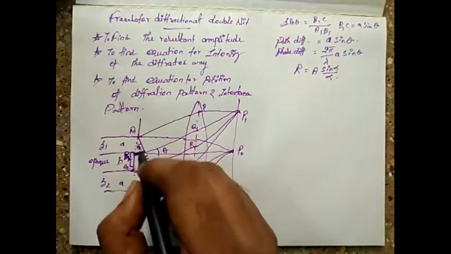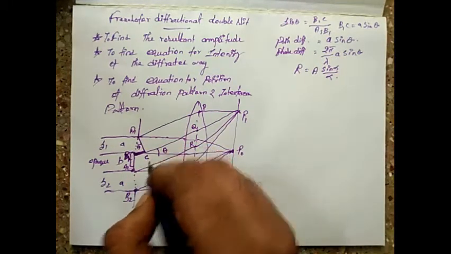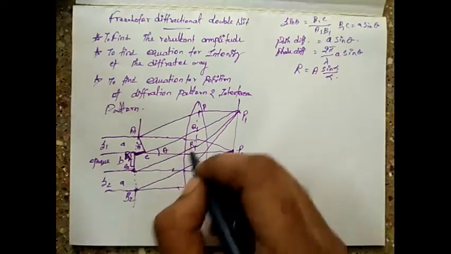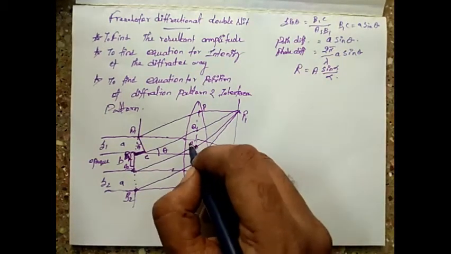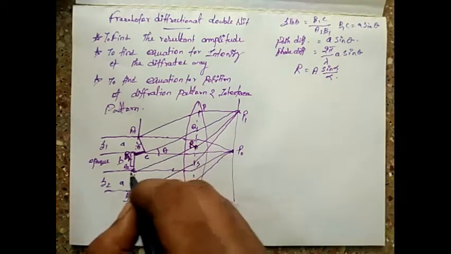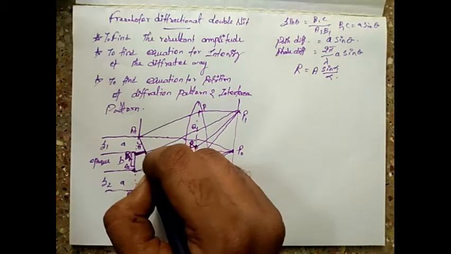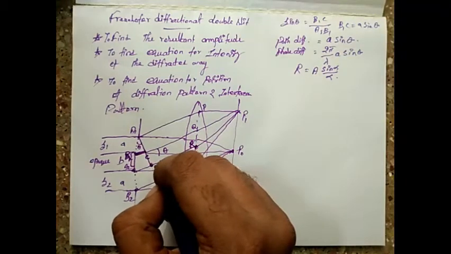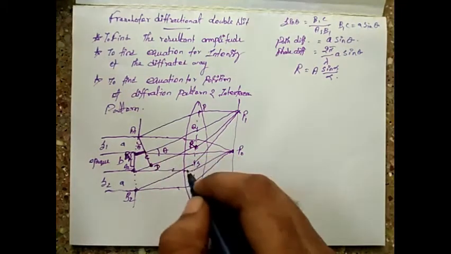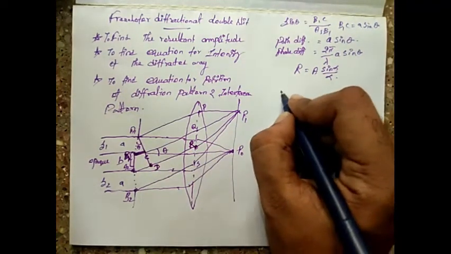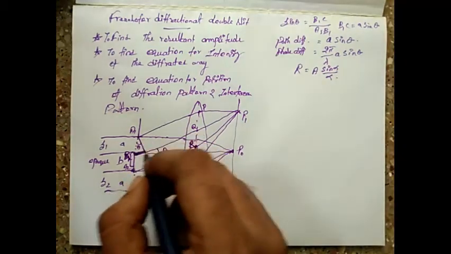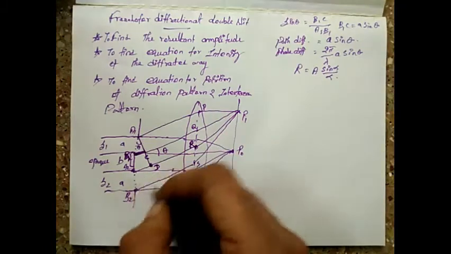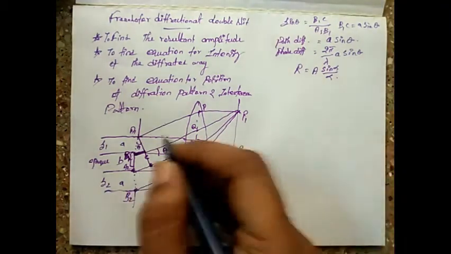Now I am going to extend this normal line and draw the normal perpendicular to A to R. This point is D. Now the condition changes to the double slit.